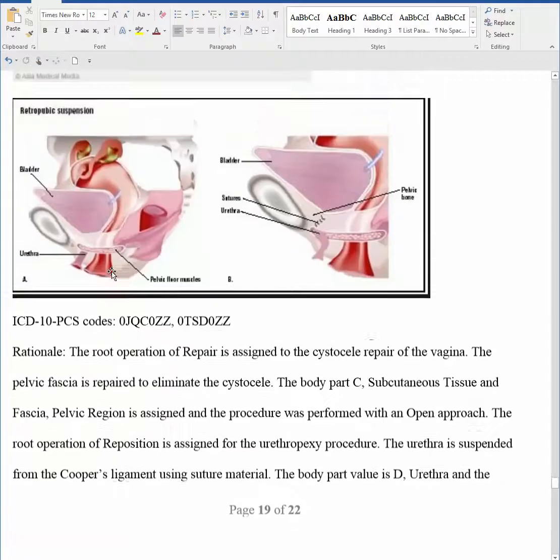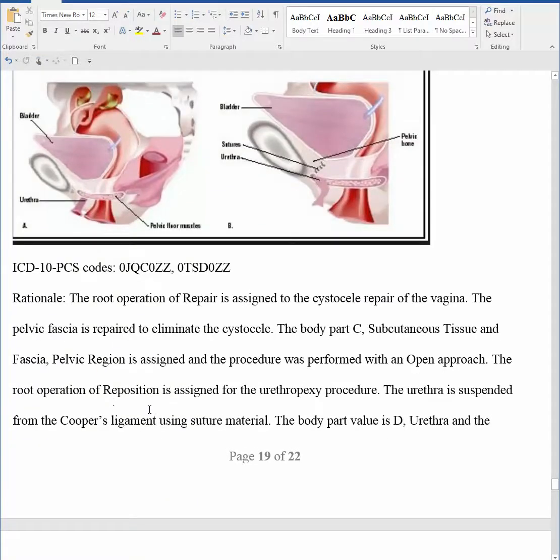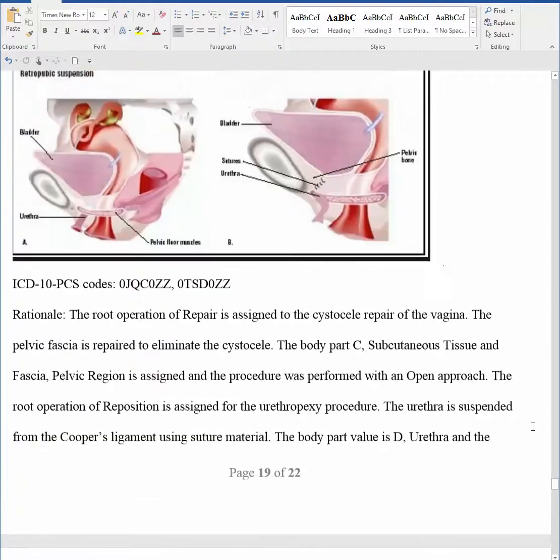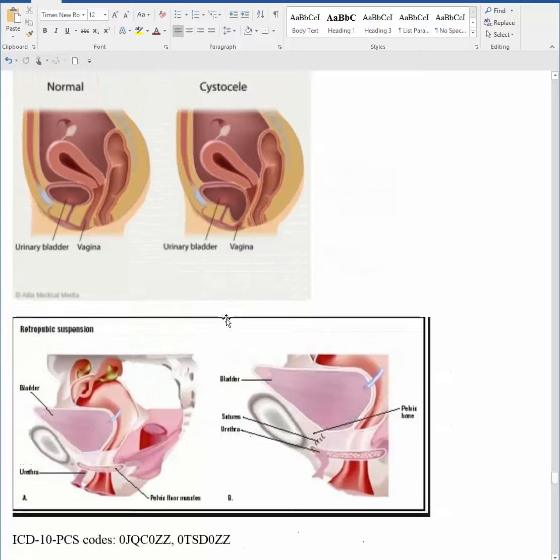Then for the work on the suspension, they're trying to move something back into its normal position. The root operation for that is reposition. The urethra is what's being worked on. And our final codes are 0JQC0ZZ and 0TSD0ZZ. And this is all done open.